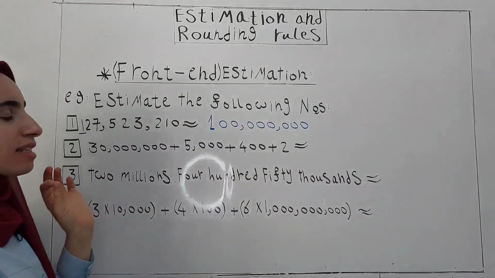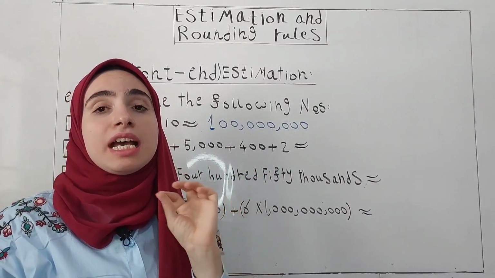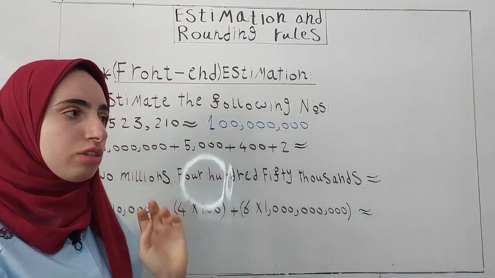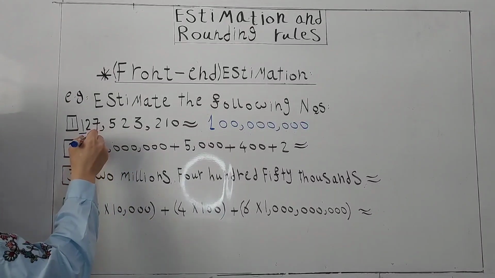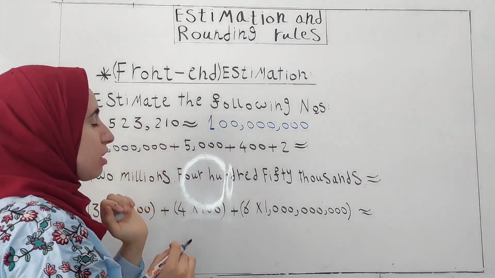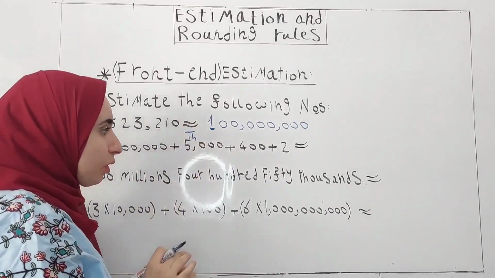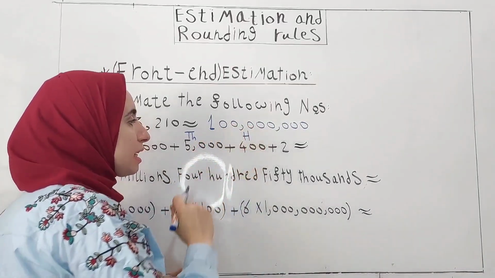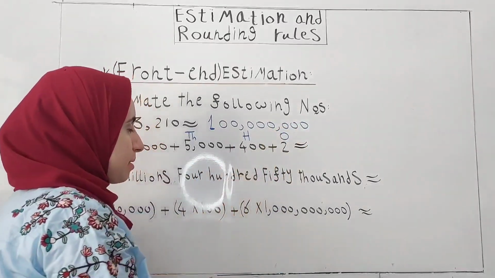The second number is written in expanded form. When we have numbers written in expanded form, write the place value for each digit. 30 million: the digit 3 is in the 10 millions place. 5,000: the digit 5 is in the thousands place. 400: the digit 4 is in the hundreds place. 2: the digit 2 is in the ones place.